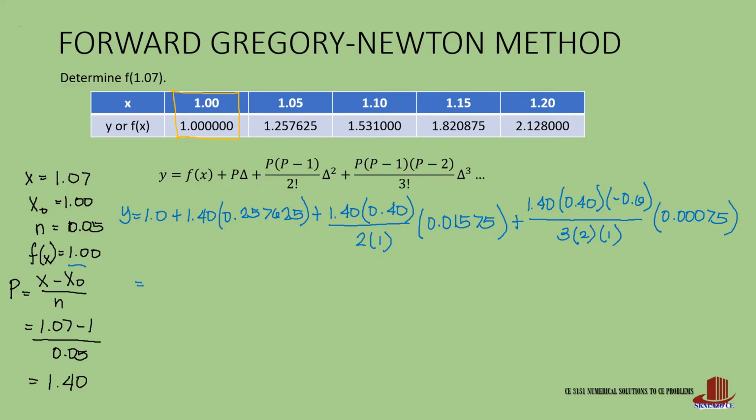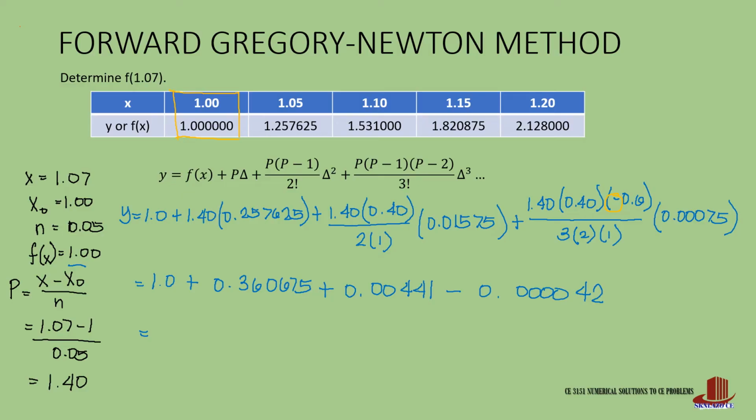Simplify terms, so y is equal to 1.0 plus 0.3600675 plus 0.00441, and since we do have a negative 0.6 on the third term, we would have negative or minus 0.00042.